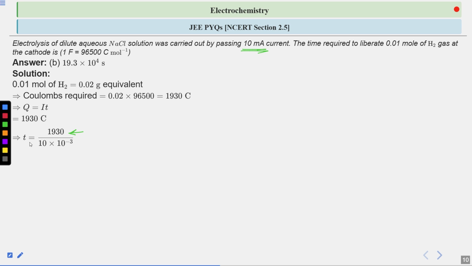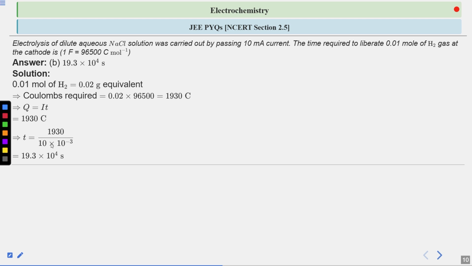You just have to convert it into amperes. To convert milliampere to ampere, you just multiply by 10 to the power minus 3, or divide by 1000. So 10 milliampere means 10 multiplied by 10 to the power minus 3. When you solve this, the time finally comes out as 19.3 multiplied by 10 to the power 4.